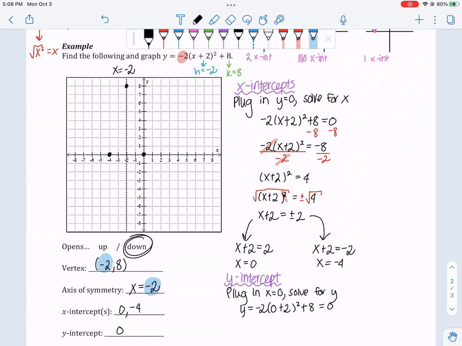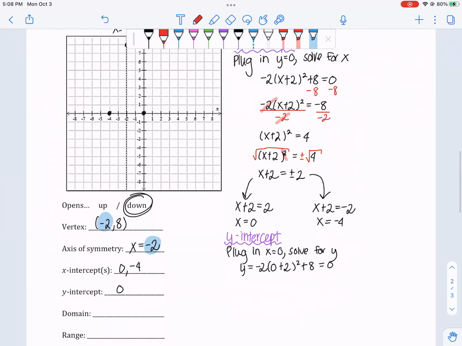Now, this makes a lot of sense, right? Because we have our y-intercept already when we plotted the x-intercept 0. If x equals 0 is an x-intercept, the y-intercept must be y equals 0. I'm going to make a note right here.